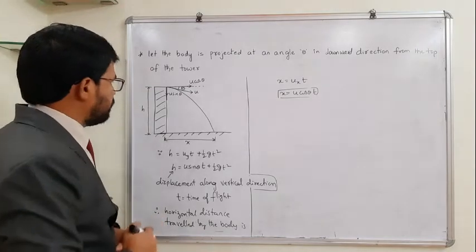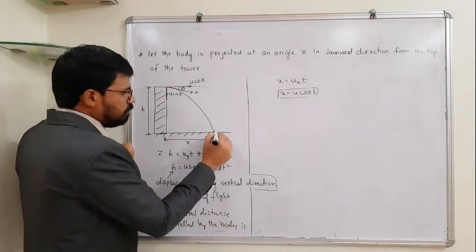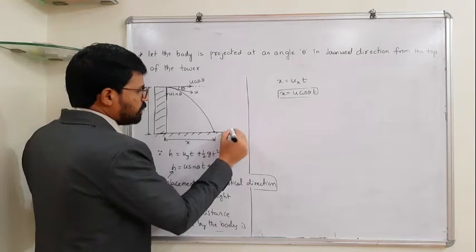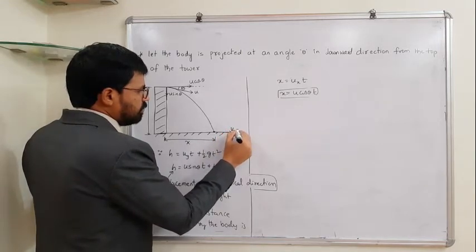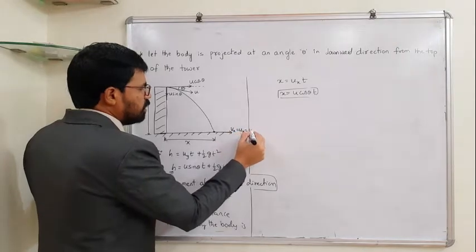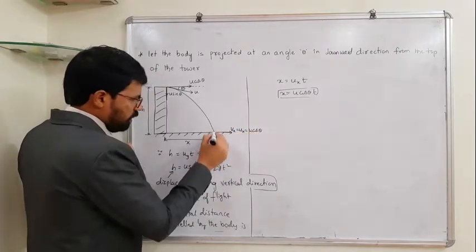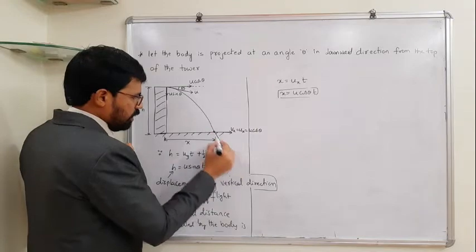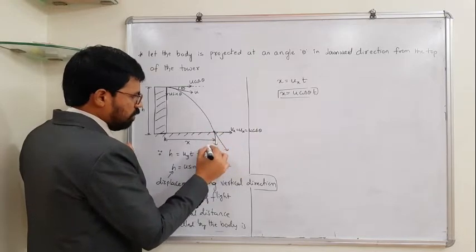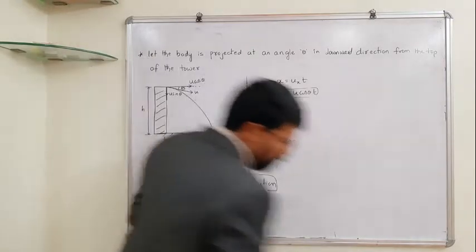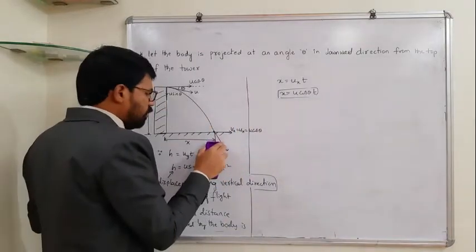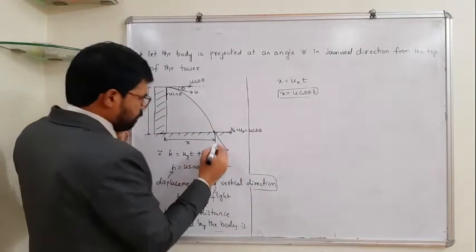Now, the other parameters that we can talk about are here. Let us say here, the horizontal component of velocity is Vx, which is nothing but ux, which is nothing but u cos theta. It doesn't change, right? Let us say it is striking the ground like this. Let the vertical component of velocity be Vy. Let us try to find out what Vy and Vx are.